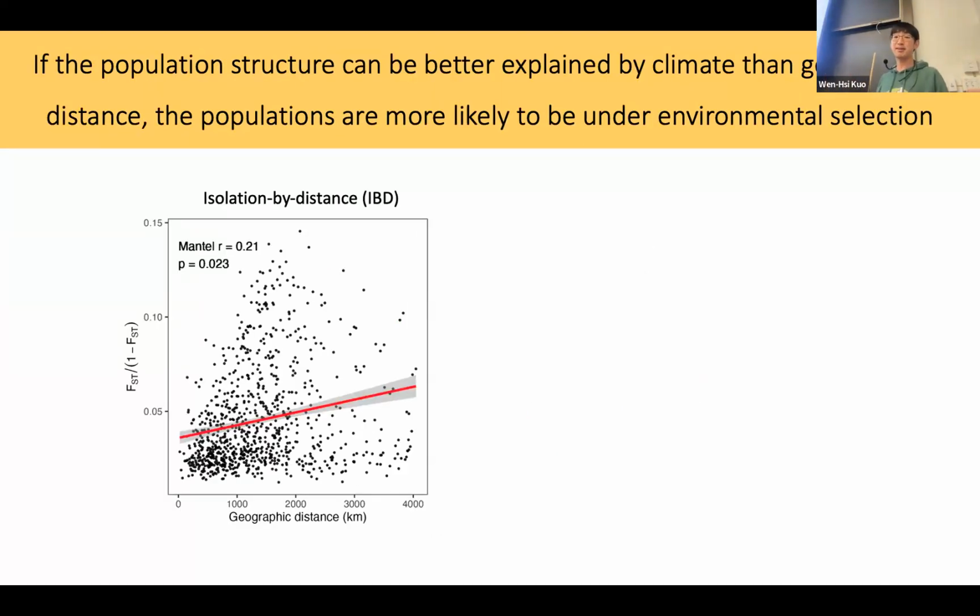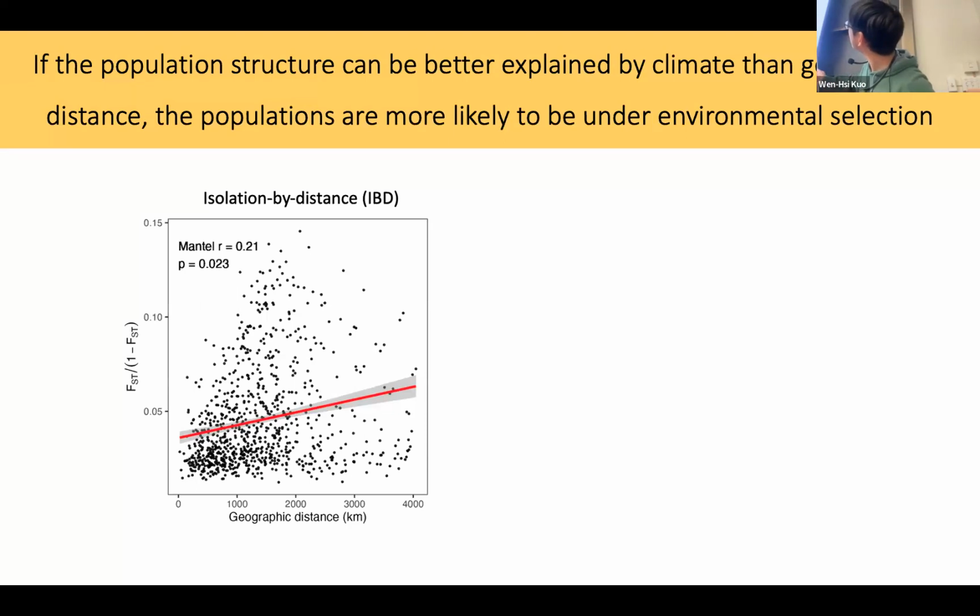So since there is population structure, we want to see if the population structure can be better explained by climate than geographical distance. In that way, the populations are more likely to be under environmental selection. So this is isolation by distance. The x-axis is the geographical distance, and the y-axis is the amount of genetic differentiation. We can use this as a null hypothesis.